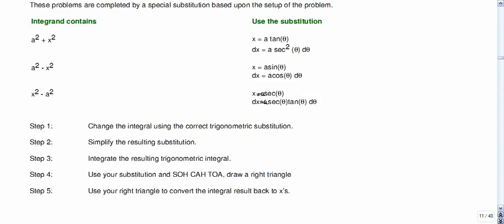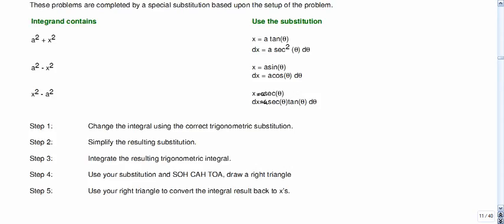Step 2, we'll simplify what we get from that resulting substitution. Step 3, we will integrate the resulting trigonometric integral. Yes, we are going to have an integral that will contain trig functions, so that'll take us back a couple of sections so that we'll actually have to integrate powers of trig functions. Step 4, what we then need to do is go back to x's.